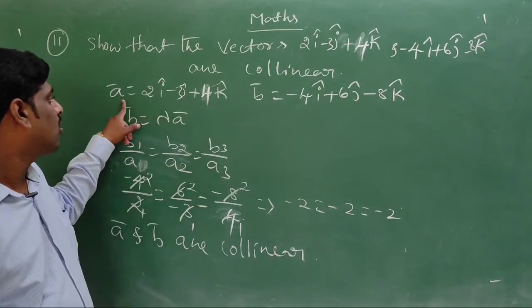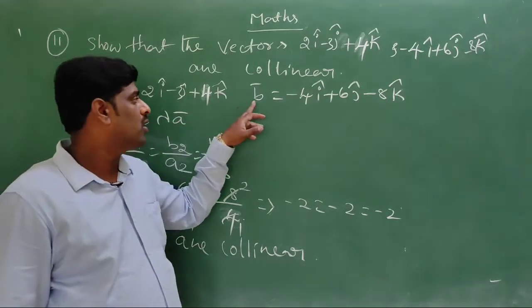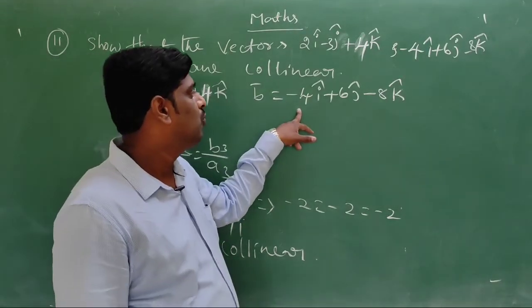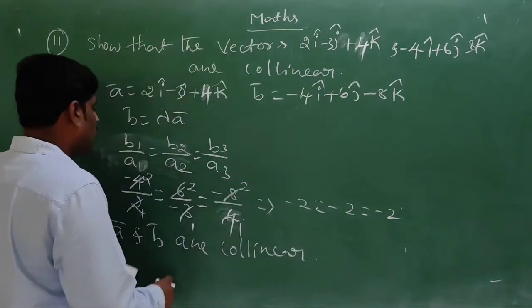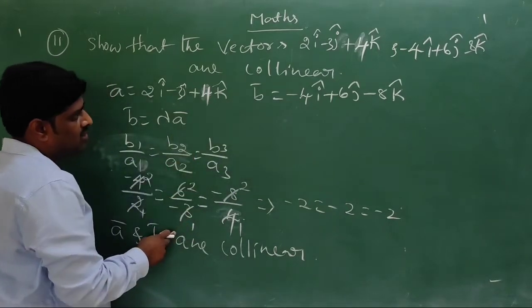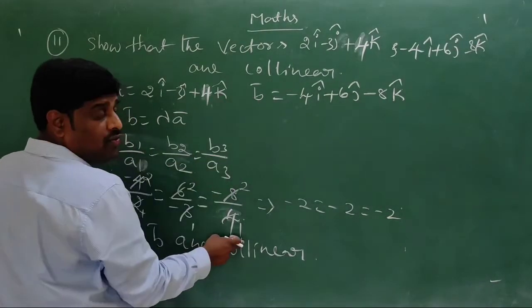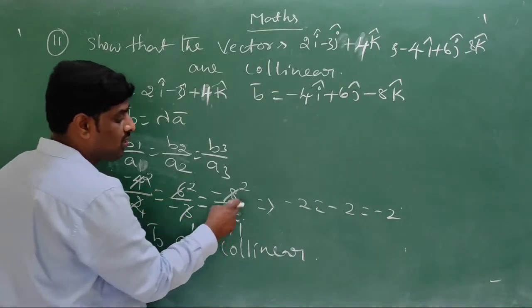A bar is 2i cap minus 3j cap plus 4k cap. B bar is minus 4i plus 6j minus 8k, that is minus 4 divided by 2, 6 divided by minus 3, minus 8 divided by 4. 2 ones are 2, 2 twos are 4, 3 ones are 3, 3 twos are 6, 4 ones are 4, 4 twos are 8.